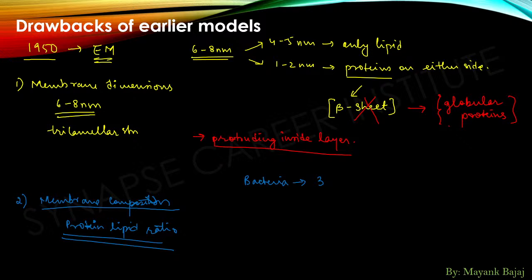That means it has very high content of proteins, right? Whereas अगर मैं न्यूरॉन्स में बात करूं, न्यूरॉन्स के माइलिन शीथ के अंदर the protein lipid ratio was 0.23, it was very very low.